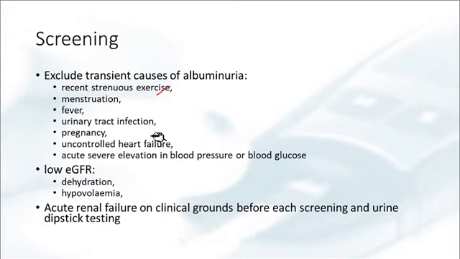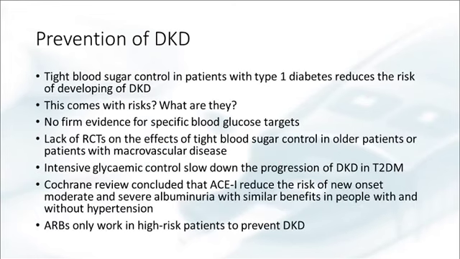Other things that can cause transient increases in albuminuria include pregnancy, uncontrolled heart failure, and acute severe elevations in blood pressure or blood glucose. Low eGFR can be as a result of dehydration or hypervolemia. Acute renal failure on clinical grounds before each screening and urine dipstick testing can also be a reason why you'll get some of these results.